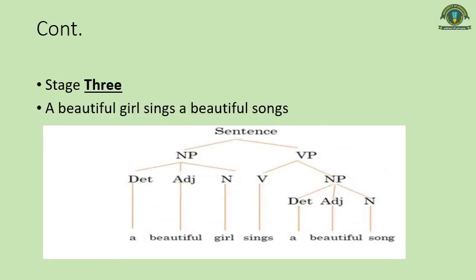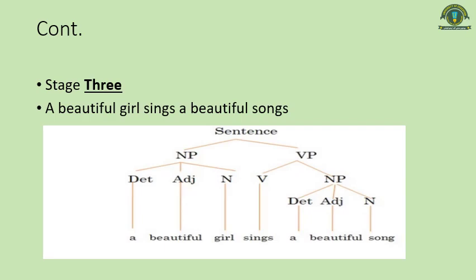Stage 3. A beautiful girl sings a beautiful song. So, a determiner, beautiful adjective, girl noun. Determiner, adjective, and noun, by joining together, are making a noun phrase. Sings is a verb.